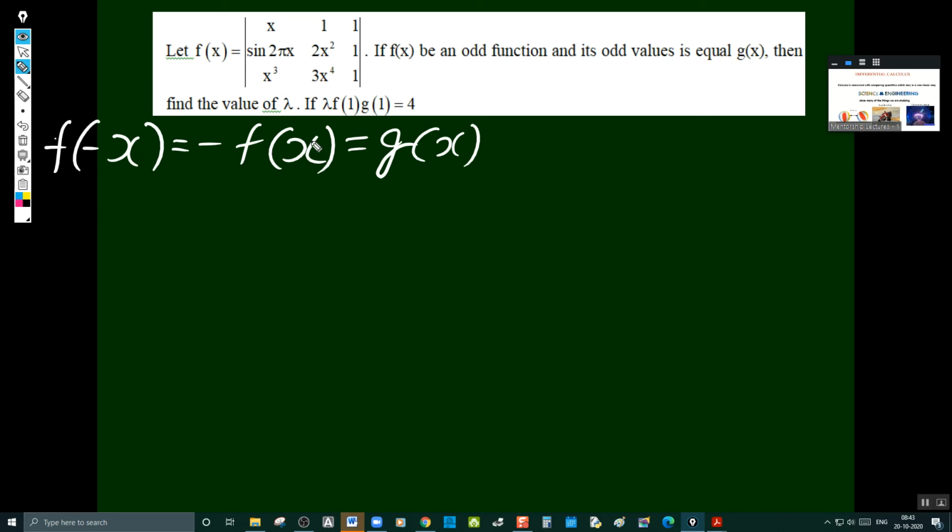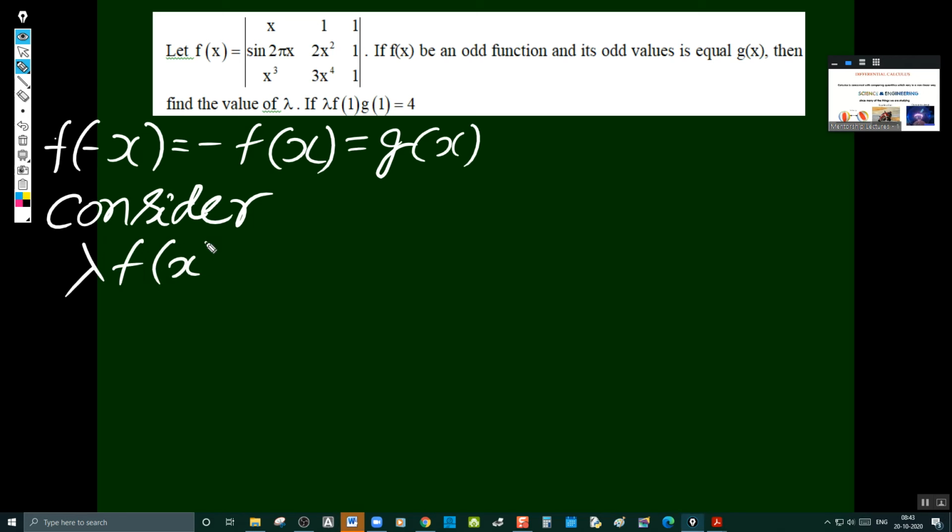Then the value of lambda, if lambda into f of 1 into g of 1 is given. So somehow we need f of 1 into g of 1. So consider f of x into g of x, and take lambda also, no problem.